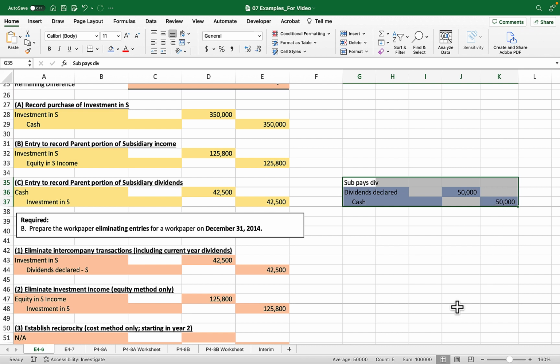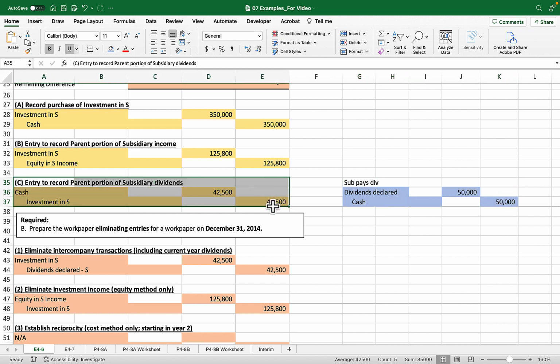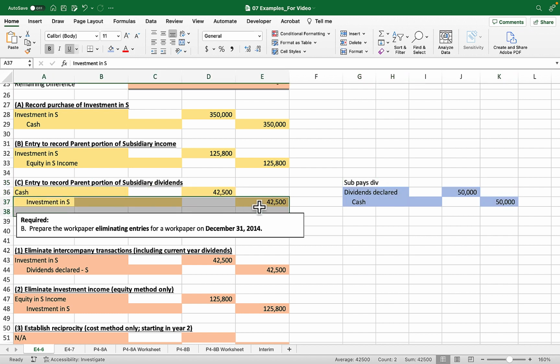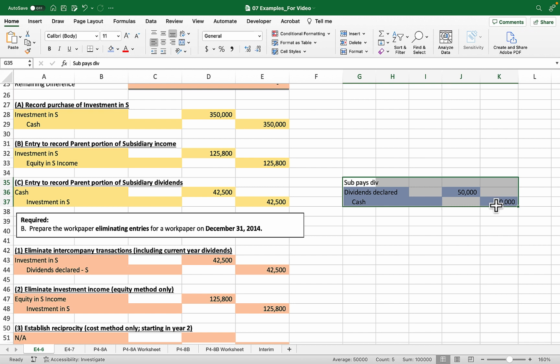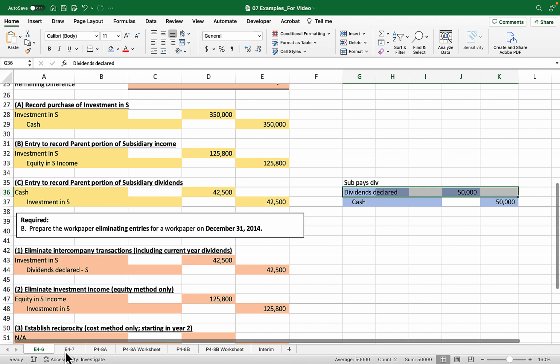So when we have an intercompany transaction, usually what happens is there's some entry on the parent side where we're going to eliminate half of it. And there's some entry on the subsidiary side where we're going to eliminate half of it. So we're offsetting across the two entities, and that's why it's an intercompany transaction that's being eliminated, because we're going to pretend as though that transaction didn't happen at all.